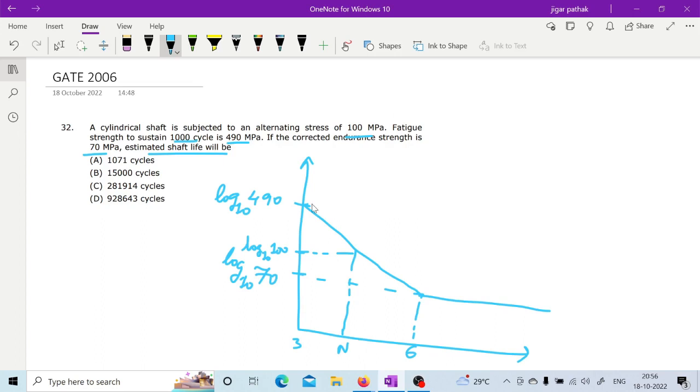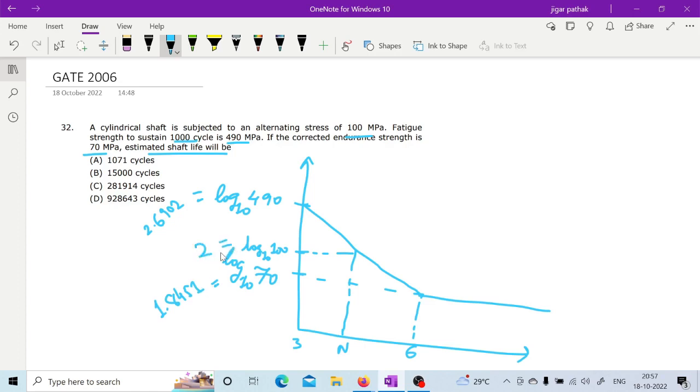So basically, what is log 10 490? It is 2.6902. And log 10 70 is 1.8451.